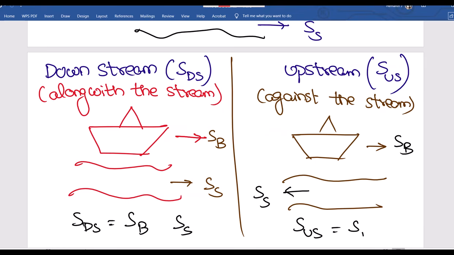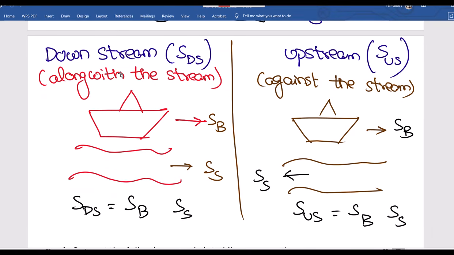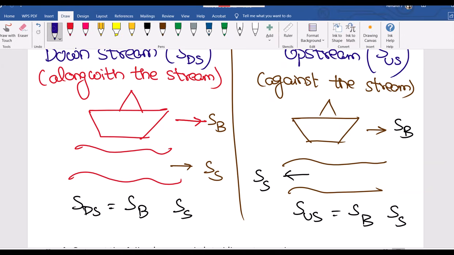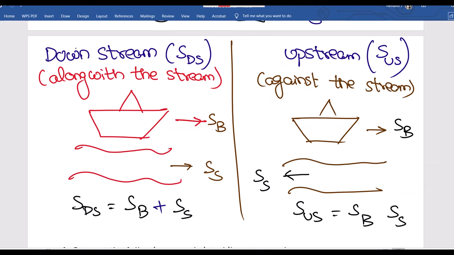Upstream is SB plus SS or SB minus SS? Sir, you only said in the relative speed concept, opposite direction means plus, same direction minus.